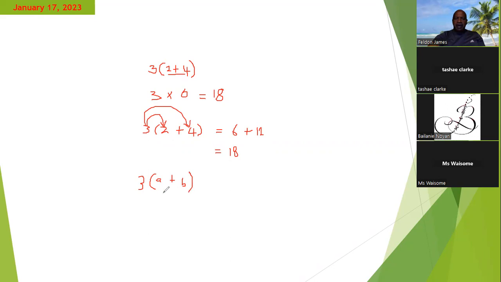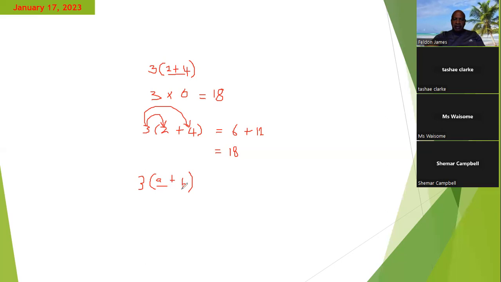Because we don't know what the values are, we can't add, we can't simplify to get a single term, right? So what we have is the 2 unknowns with a plus sign between them. In that sense, we can't reduce it to a single term. So we have what we call an expression. An expression is a group of unlike terms being added or subtracted from each other or together. So what we have in the bracket here is an expression.